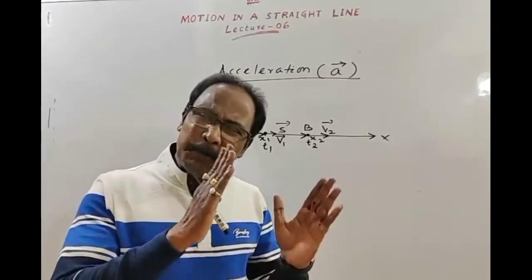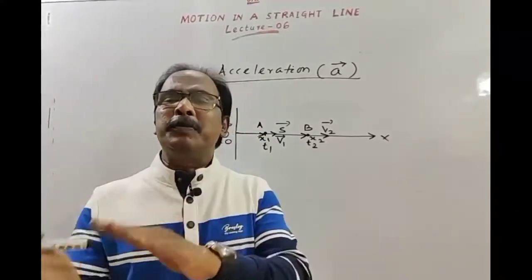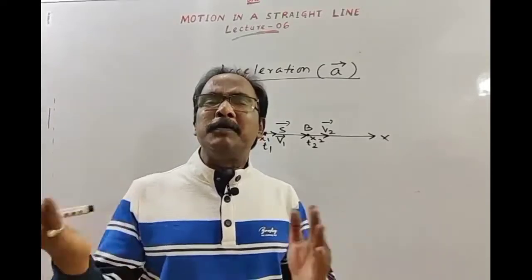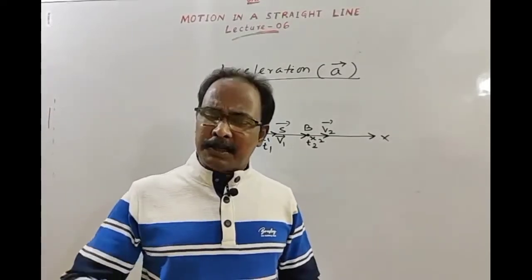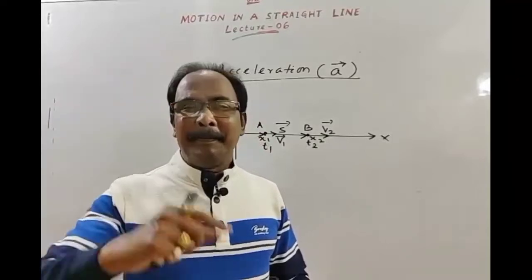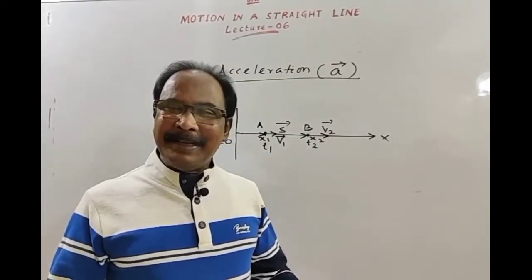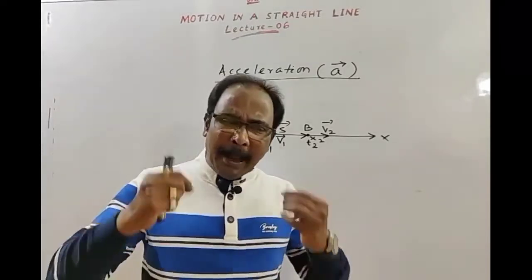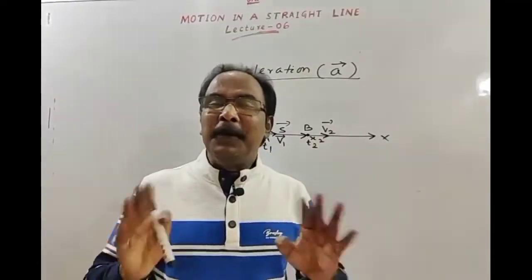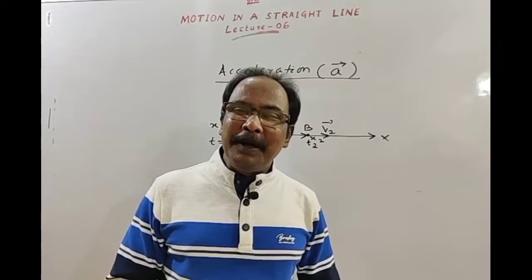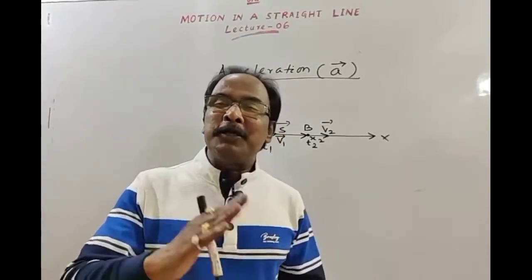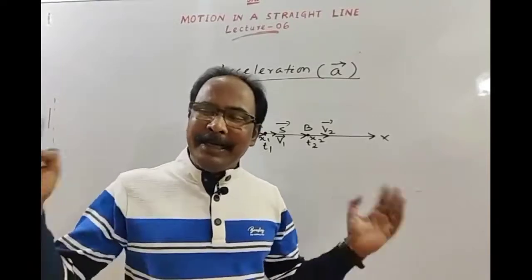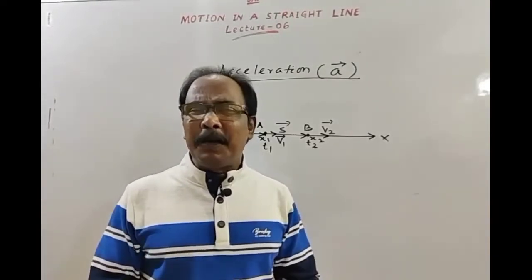When position vector or displacement changes with respect to time, then velocity is produced. When velocity changes, then we may say acceleration is produced. When displacement changes, velocity is produced, and when velocity changes, acceleration is produced.